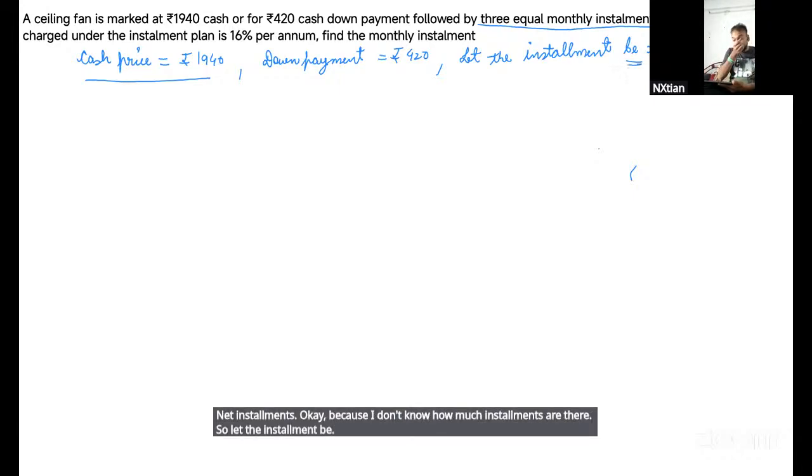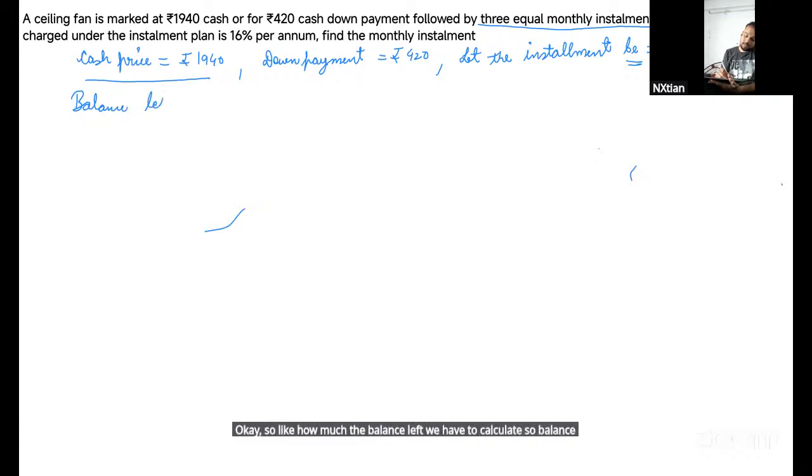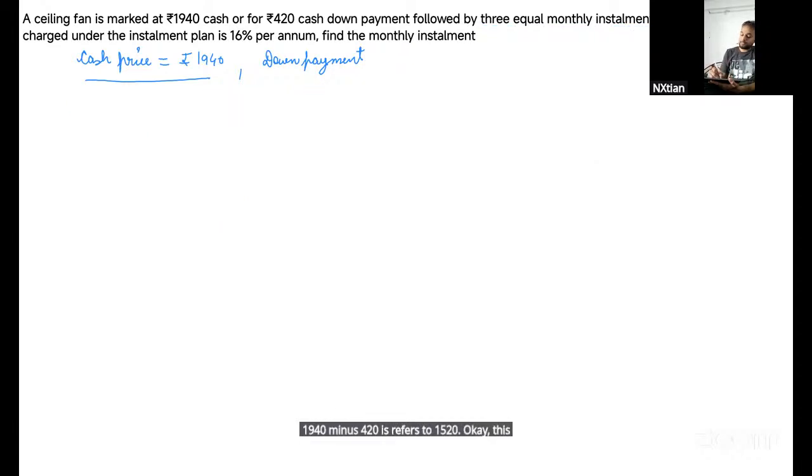Okay, and it is given that the rate is 16% per annum. Now we have to calculate how much balance is left. Balance left is 1940 minus 420 equals 1520. Okay, this much balance is left.